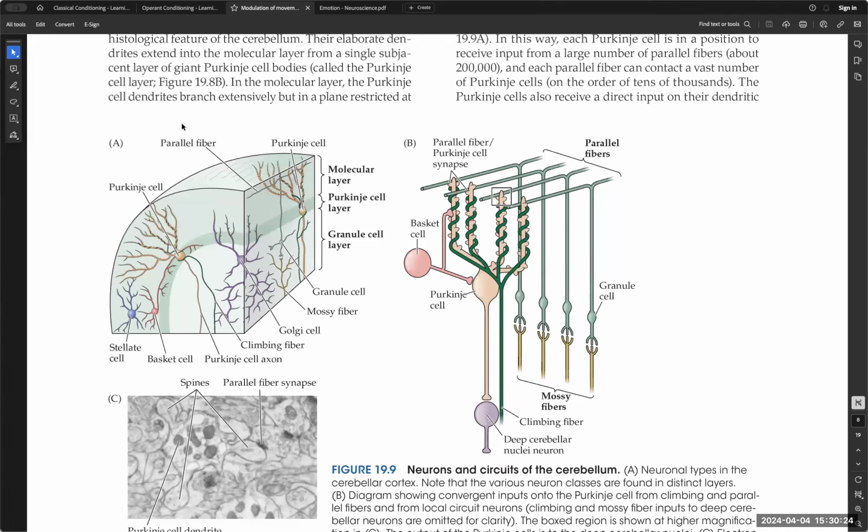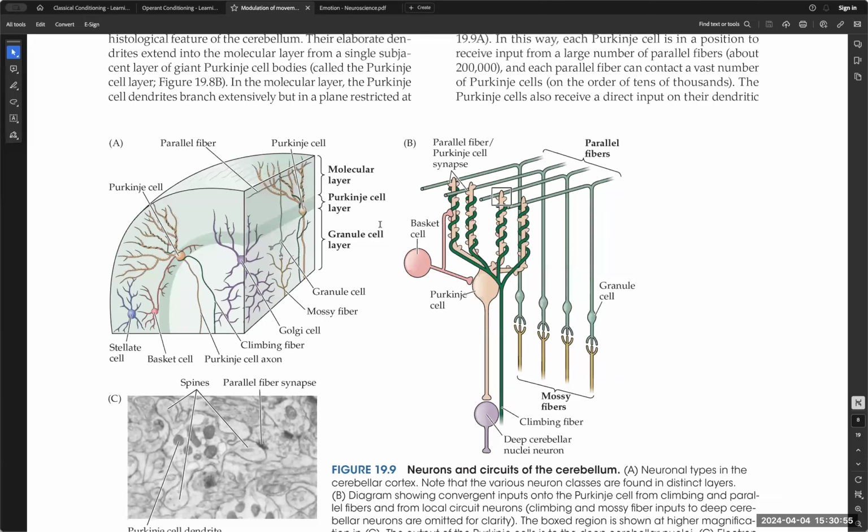The Purkinje cell is GABAergic as well, and granule cells and climbing fibers are excitatory. Mossy fibers are also excitatory. So once you get an activation coming from the contralateral pontine nucleus, you get excitation of the granule cells, and this leads to the excitation of Purkinje cells, which project back to the deep nuclei.